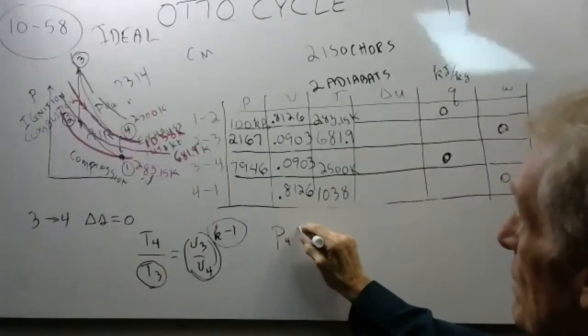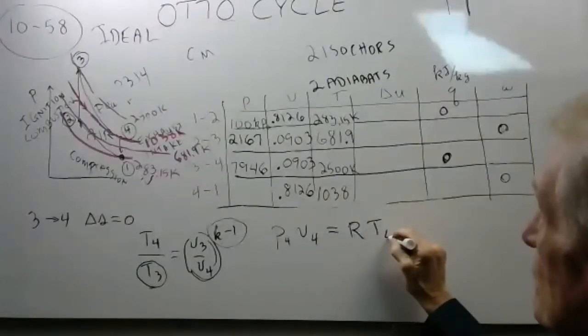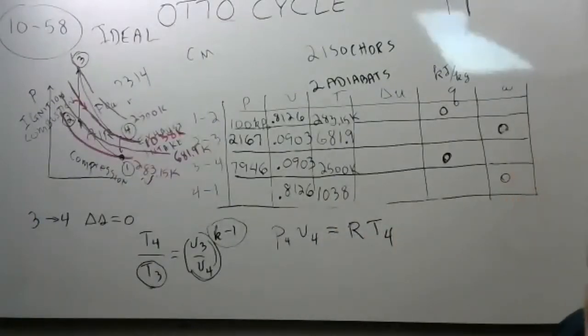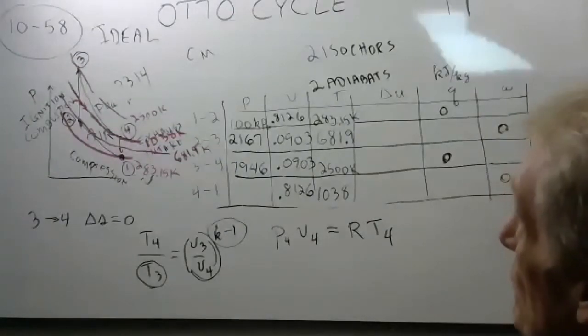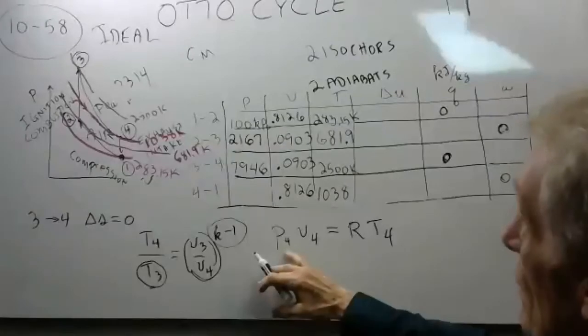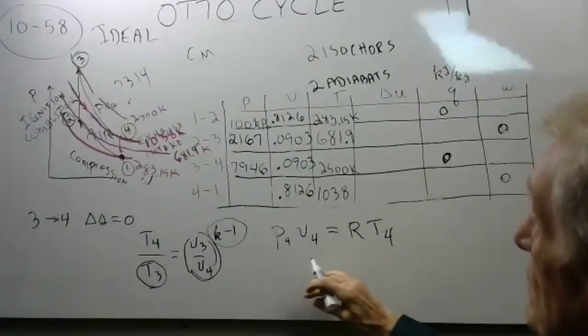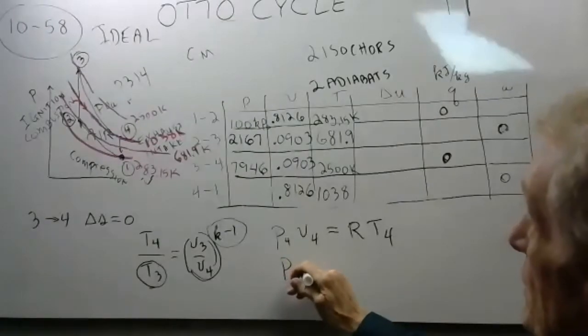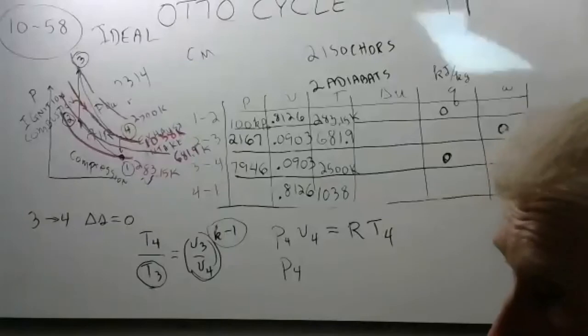P4 V4 equals R T4. Do we know P4? Well, no, see, that's what we don't know. But we know everything else. Put in the numbers and get P4 for me. I'm going to do it. I want you to do it.